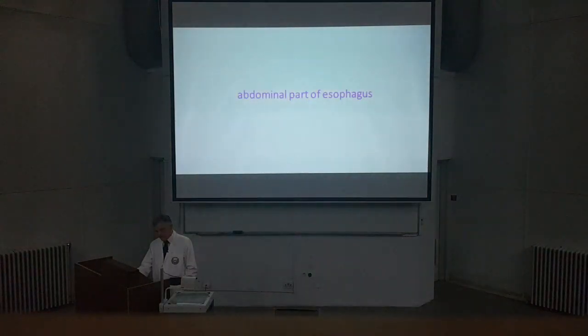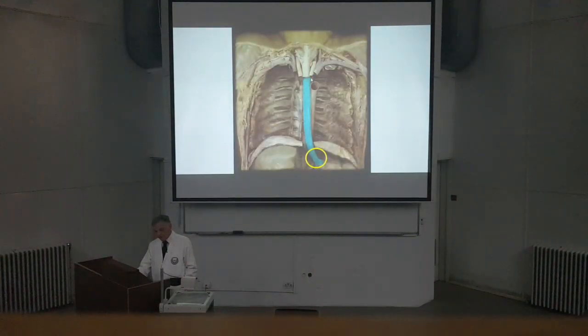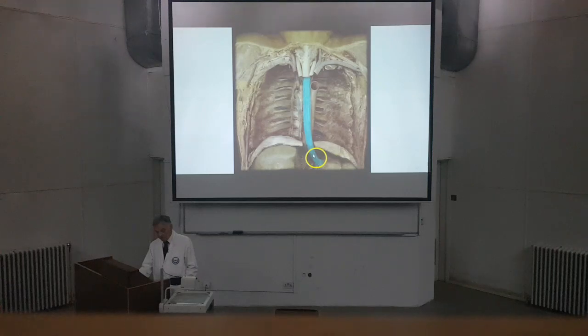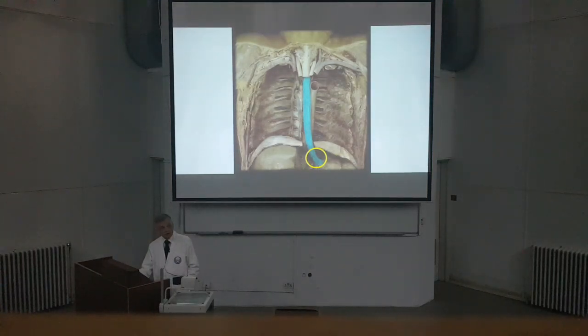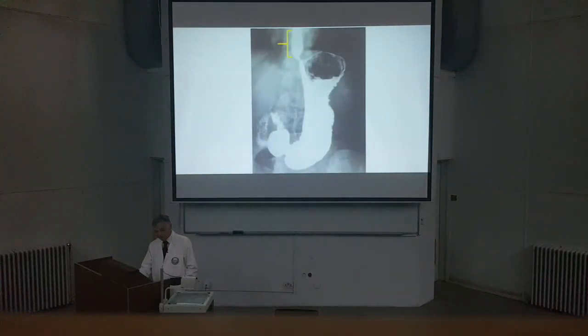Sections of CT scans. Abdominal part of the esophagus. Now we have learned the relations of the esophagus, how it goes through the mediastinum, perforates the diaphragm and gets into the abdomen. The abdominal part is very short, maximum 4 centimeters, and it joins the stomach.